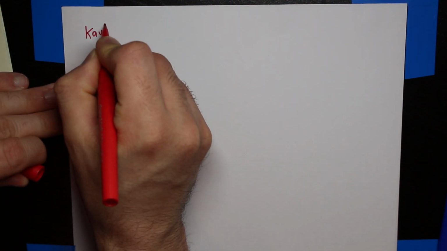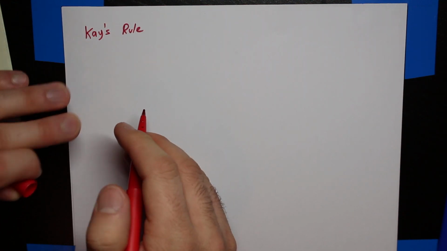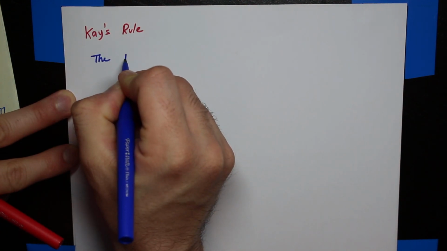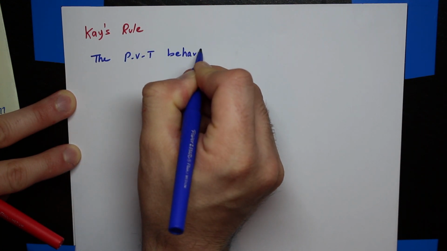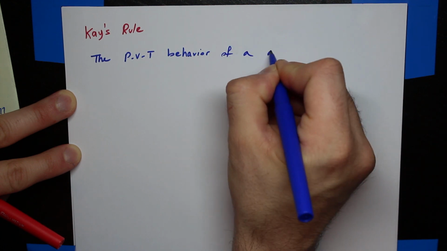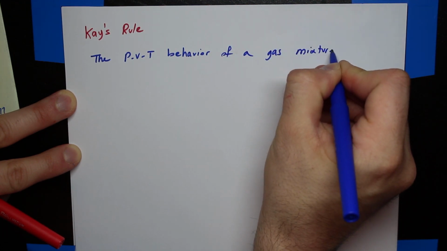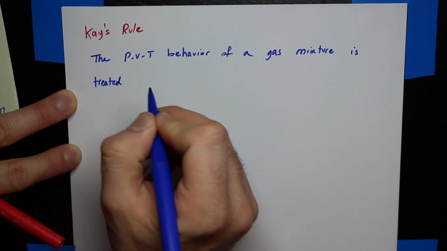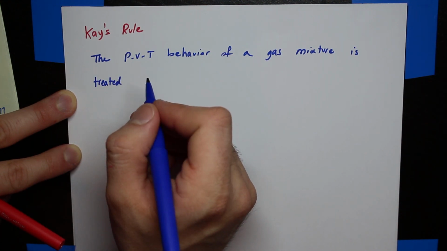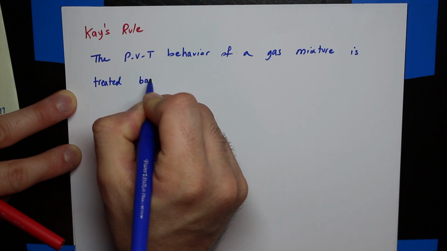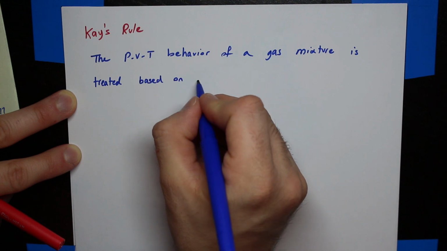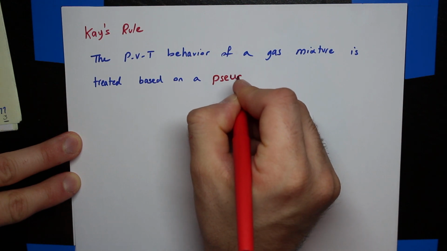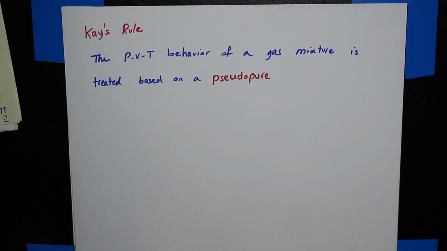That approach is basically Kay's rule, and what we are doing in this rule is that the PVT behavior of a gas mixture is treated based on a pseudo pure substance.